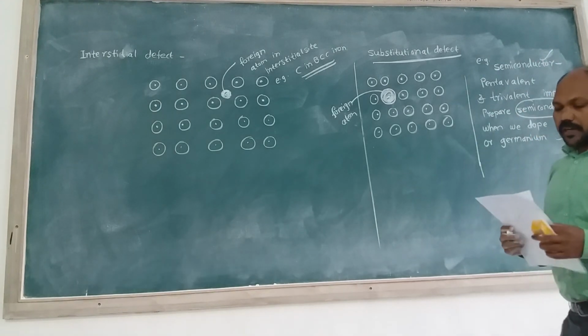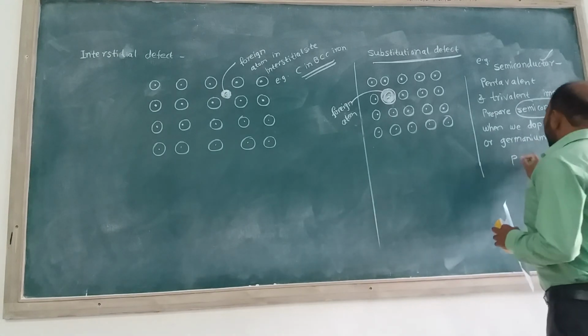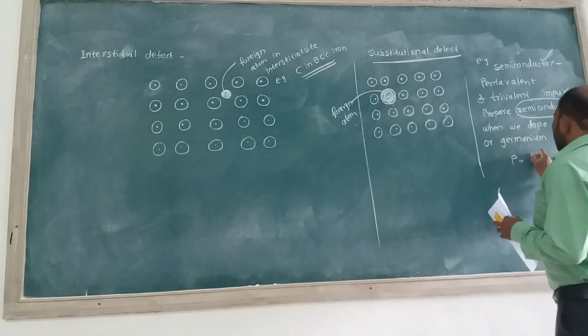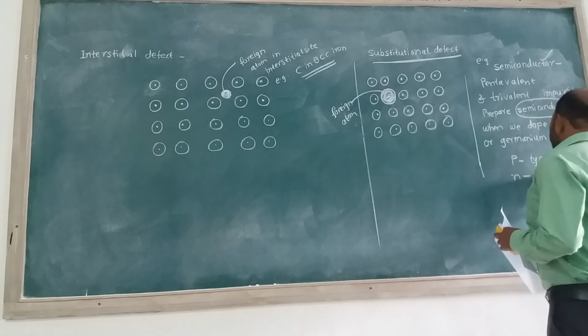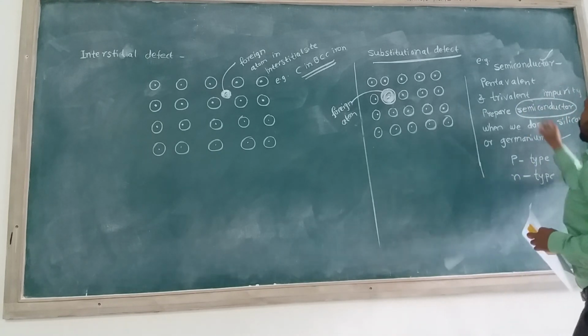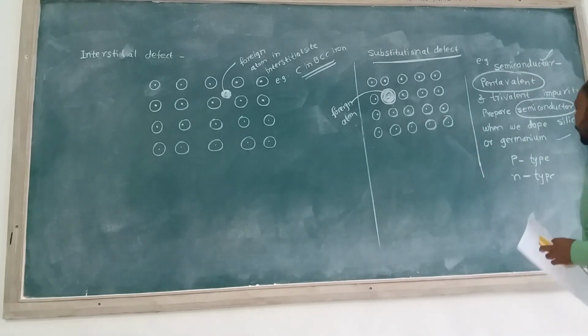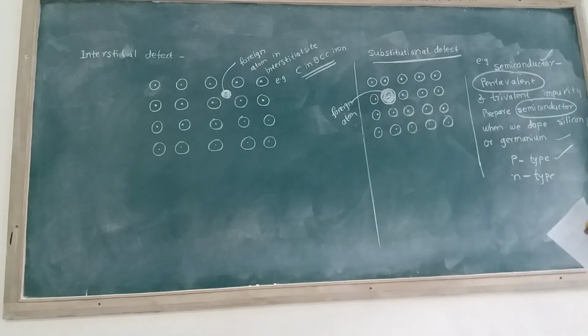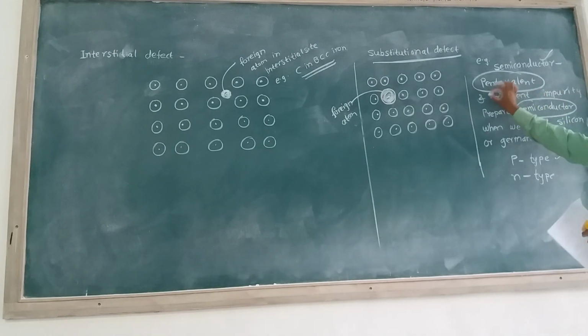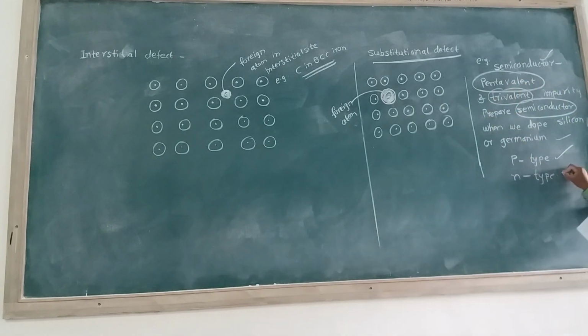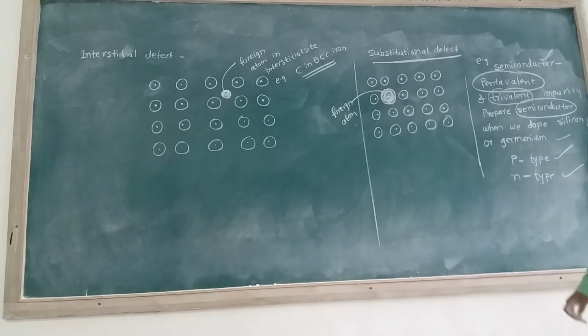The type of semiconductor made by this method is the p-type semiconductor or n-type semiconductor. If we use pentavalent impurity, then we make the material like n-type semiconductor. If we use trivalent impurity, then we make the material like p-type semiconductor.